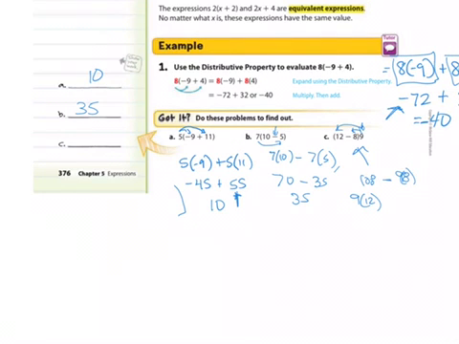So we'd have 108 subtracted from 9 times 8, which is 72, and our answer would be positive 36.